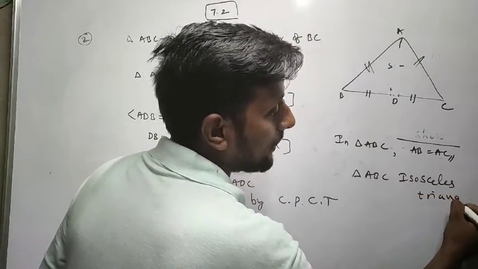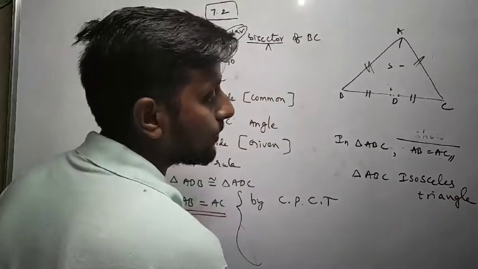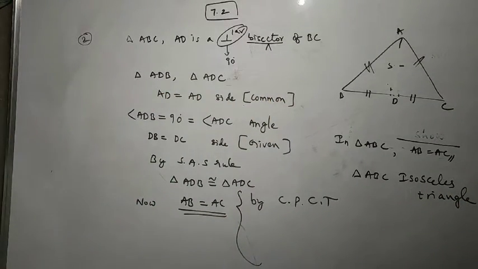If two sides of a triangle are equal, that is isosceles triangle. If three sides of a triangle are equal, that is equilateral triangle. If each side is different from the other, that is scalene triangle. So these are the three types of triangles based on sides.